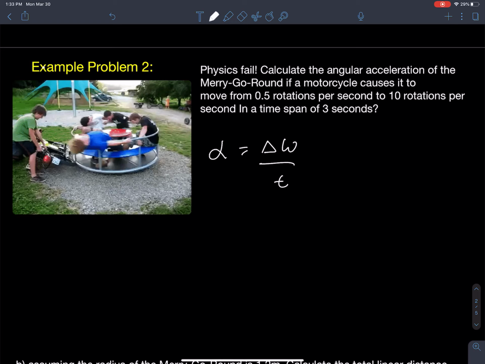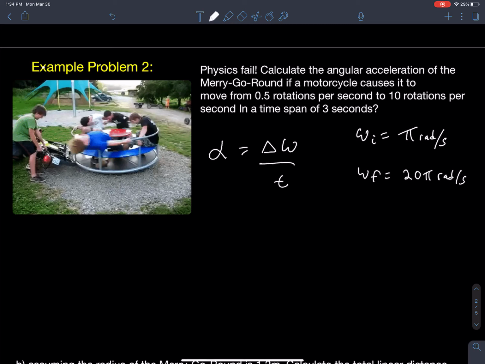So my initial angular velocity is equal to pi radians per second, and my final angular velocity is going to be 10 rotations per second, which is going to be 20 pi, because each rotation is 2 pi radians, so 10 times 2 pi is going to be 20 pi radians per second.